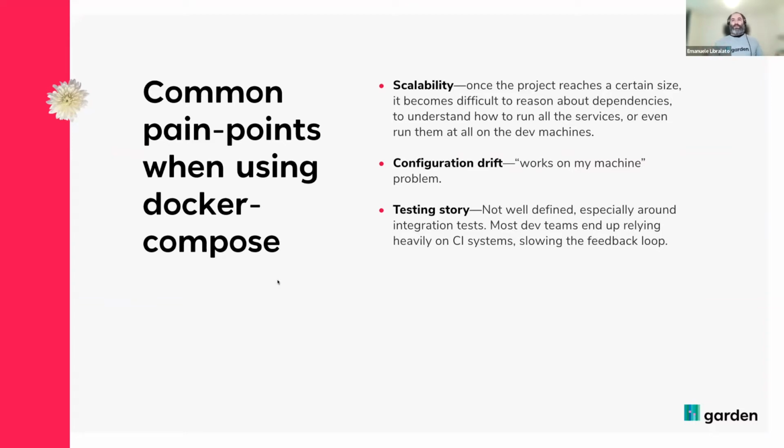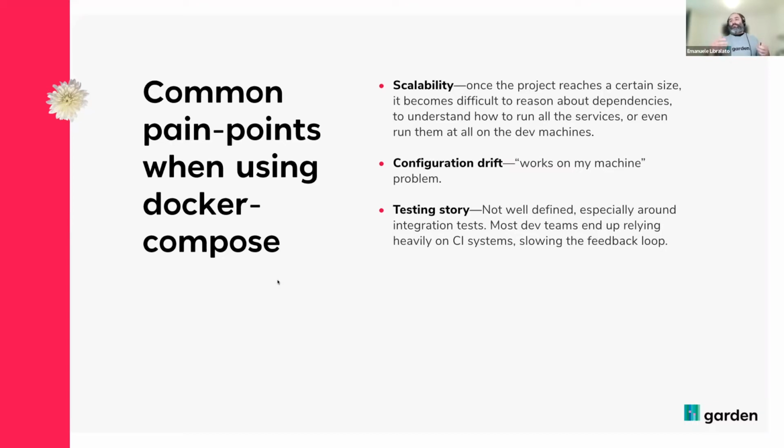and it just makes everything super complicated to kind of reason about and to debug. And finally, the testing story for Docker Compose is not very well defined, especially around integration tests, end-to-end tests. Most of the dev teams that we spoke with end up relying heavily on CI systems, which again slows the feedback loop while you're developing.